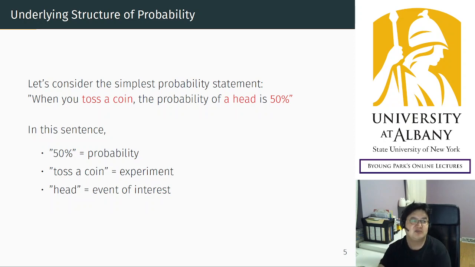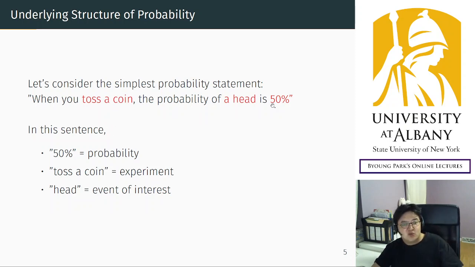When you talk about a probability, your sentence looks like this. When you toss a coin, the probability of a head is 50%. So it has a certain structure. If I say the probability is 50%, then it does not deliver any meaning because I did not specify some important aspects of the probability.